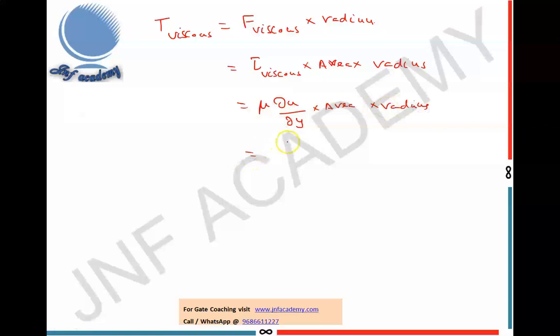Now what you need to get is dou u by dou y. For that they have clearly given that it's a linear velocity profile. So you can use this. So basically r into omega will give you the linear velocity, minus 0, divided by delta. Delta is nothing but the gap between the two cylinders. Into area, which is nothing but 2 pi r into h, the perimeter area into the total length.